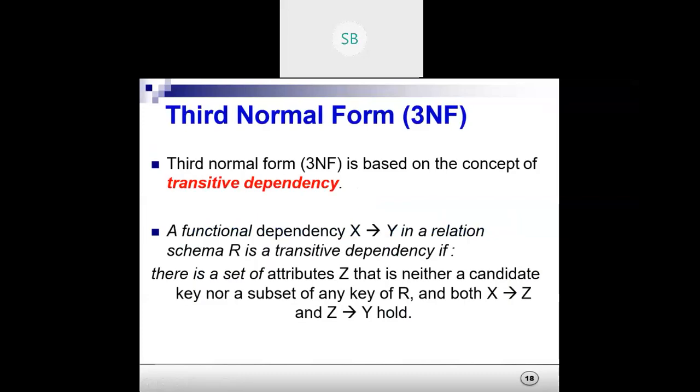This third normal form works on the concept of transitive dependency. That means there shouldn't be any transitive dependency.